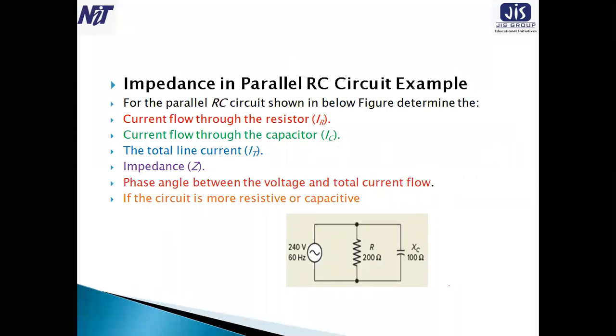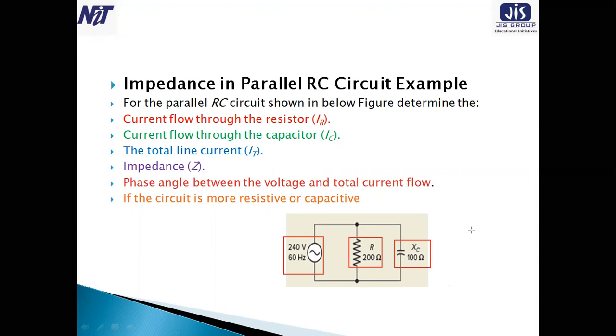In the next problem, impedance in a parallel RC circuit, an example is given here. The values are 240 volts, 60 hertz, resistance is 200 ohms, and XC, the capacitive reactance, is 100 ohms.